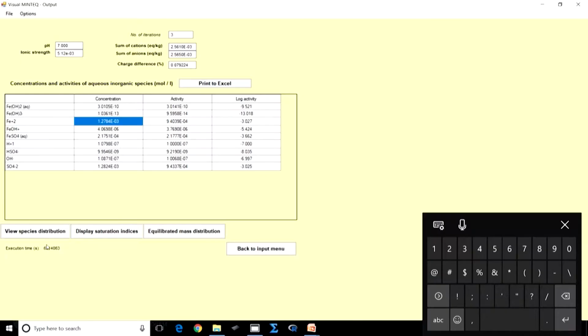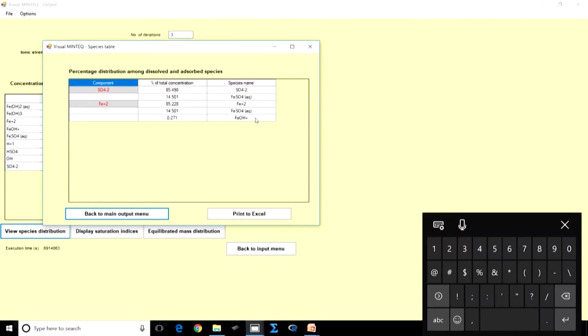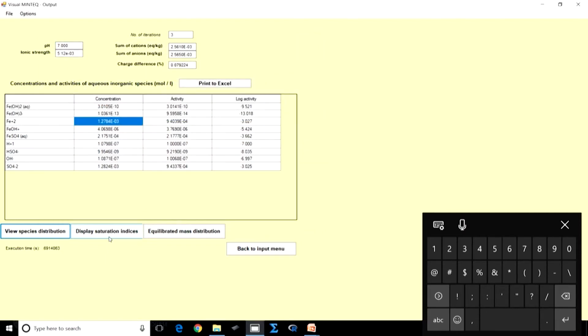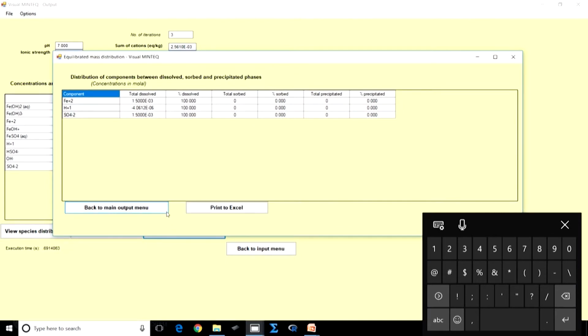So how can I look at that? Will species distribution really help me? Not really, it just says 85% stays as Fe2 plus, so I can't see anything related to precipitation here. So I am going to look at the equilibrated mass distribution. Here it gives me an idea about what percentage is dissolved and what percentage is precipitated out.